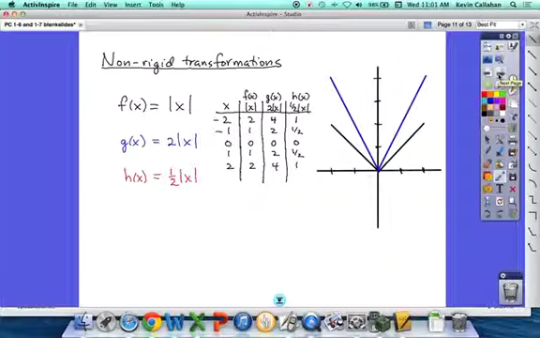Okay, now what's going to happen when we multiply by 1/2 instead of 2? That means all the y values will be half the y values that we started with, right? 2 becomes a 1, 1 becomes a 1/2. So here's our new graph, that will go like that, and like that.